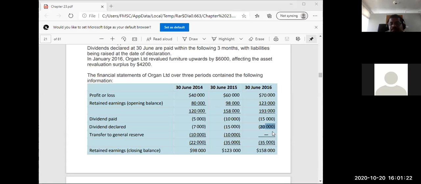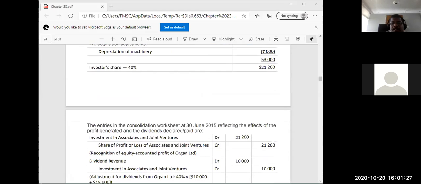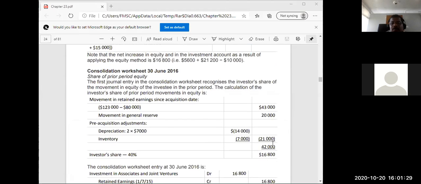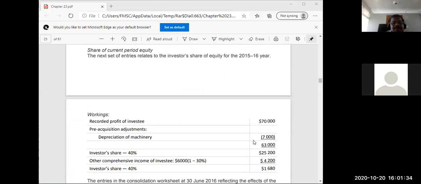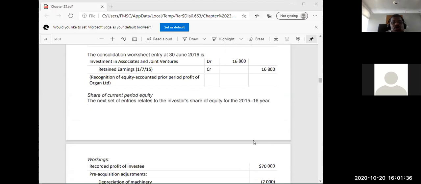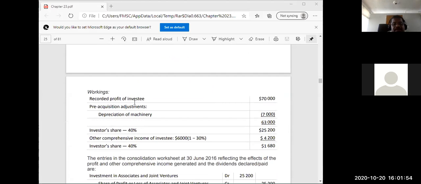Anyway, that is 20,000, and we took 7,000 and 16,000, so the retained earning adjustment is 16,800. But the dividend adjustment is not here. I'm sorry, you are not making any dividend adjustment here. You take 16,000 investment in share and 16,800, and you take the next working as you take 70,000.